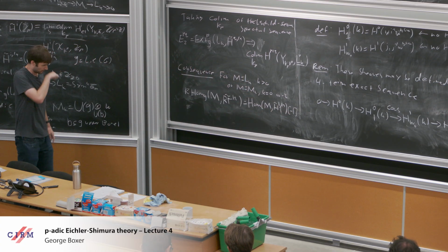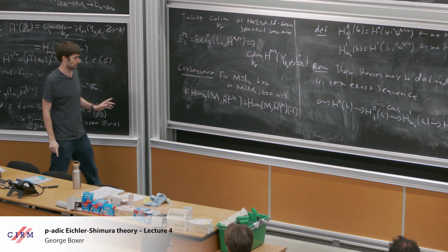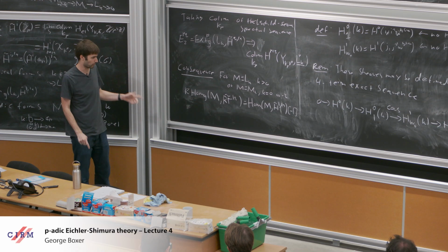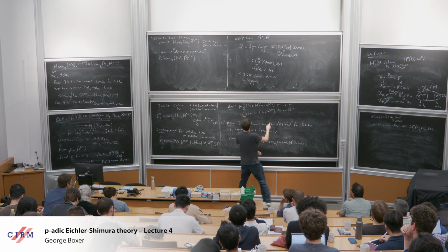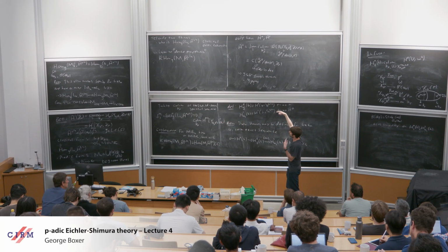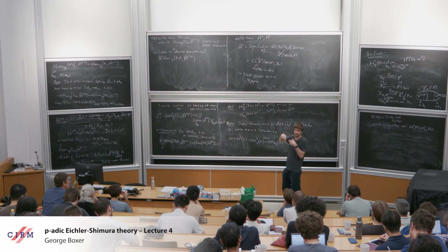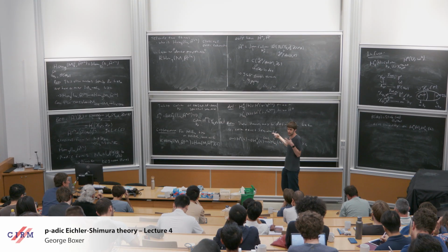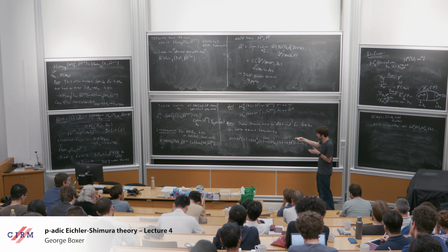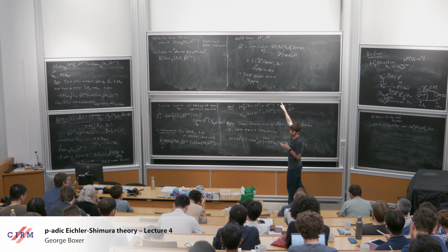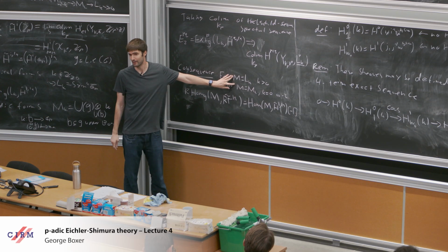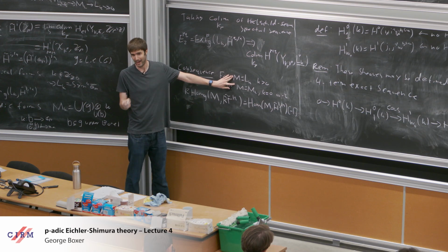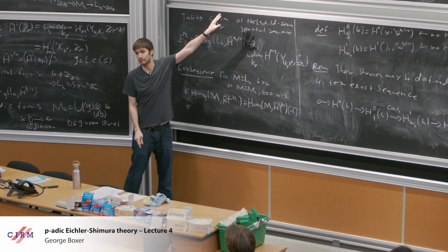Okay? So let me not explain how to prove this, but I'll just say in kind of words, really all you should do is use that, basically, this computation, it tells you how the center of the universal enveloping algebra of G acts on completed H0. And so the modules that I've written down here are exactly the ones where that action is not through the trivial character, whereas on H0 it is through the trivial character.